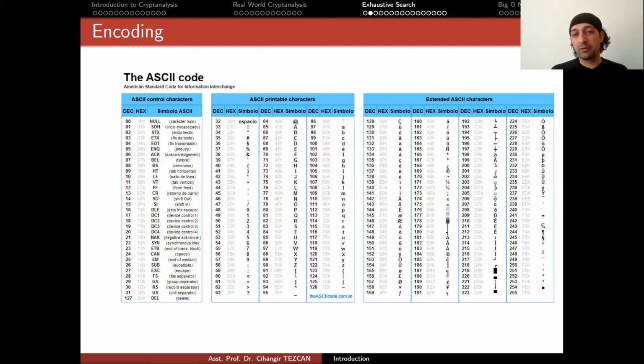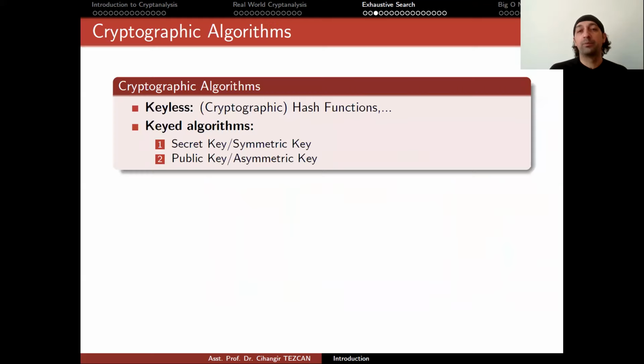So for the rest of this course, we assume that all of the communicating parties agreed on an encoding and they can understand each other, so that we can transfer bits and we can encrypt the bits, and we can focus on this. So recall that we mentioned that some cryptographic algorithms use keys and some of them don't.